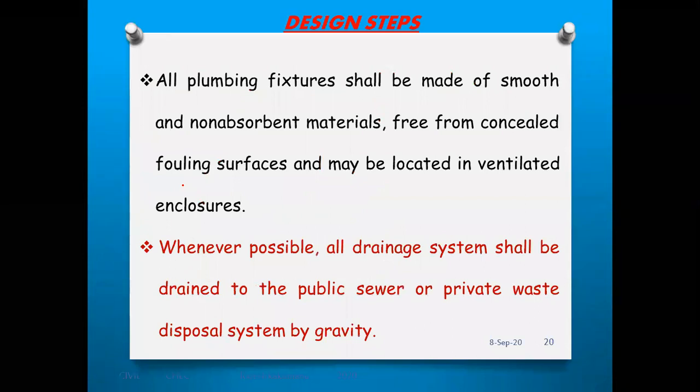So what are these rules? All plumbing fixtures shall be made of smooth and non-absorbent material, free from concealed falling surfaces, and may be located in ventilated enclosures. So whatever the plumbing fixtures we are using, the inner layers should always be smooth, and of non-absorbent material, which should not absorb the material flowing inside the pipe, and free from concealed falling surfaces.